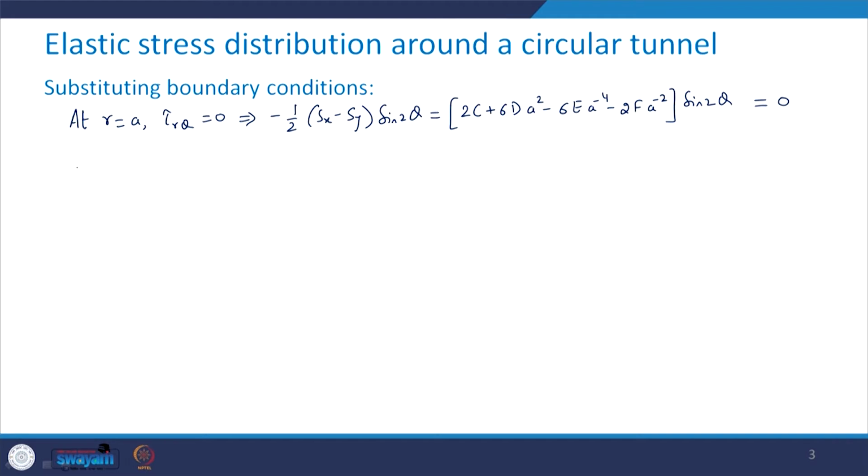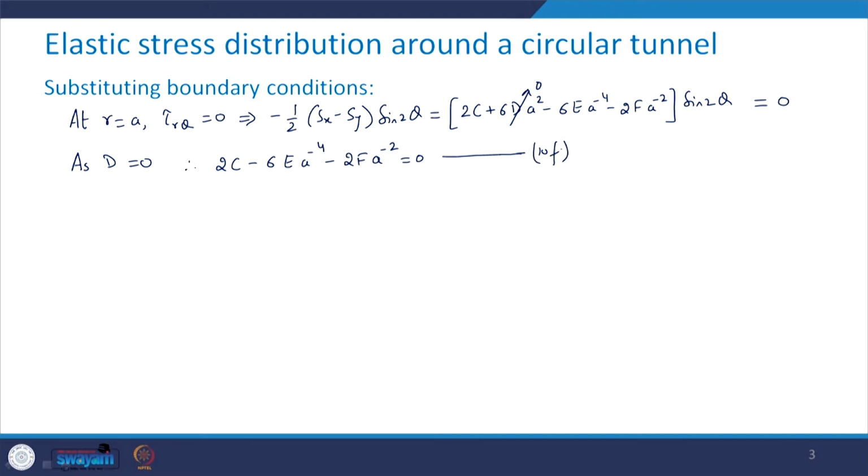Now, we have seen that the constant d is equal to 0. So, if I substitute d equal to 0, this term will become equal to 0, and what I am going to get is 2c minus 6e a to the power minus 4 minus 2f a to the power minus 2, this will be equal to 0. This equation will be 10f.